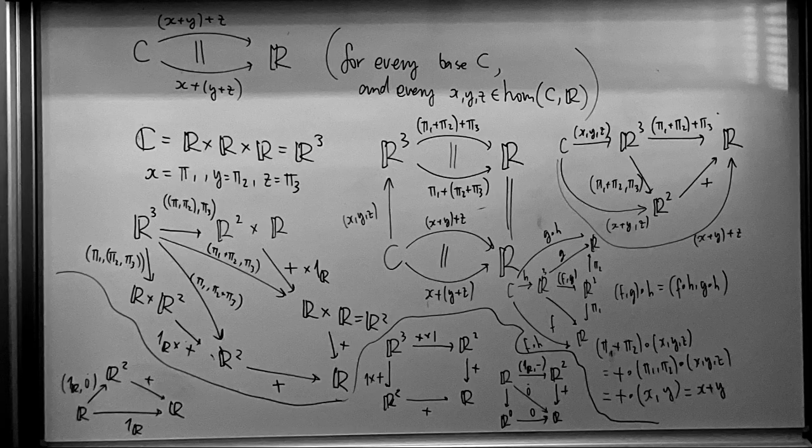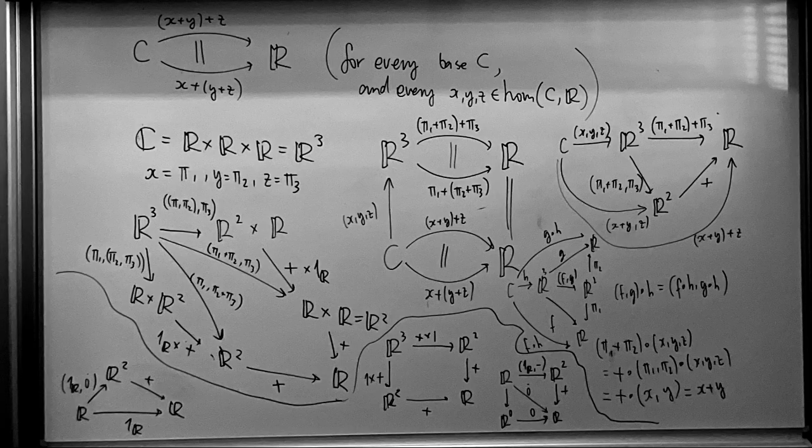And into that coordinate, we consider pi3. Then we compose this. This needs to be plus, right? We compose this with plus cross identity R. We will get into R cross R. And then we further compose it with plus.